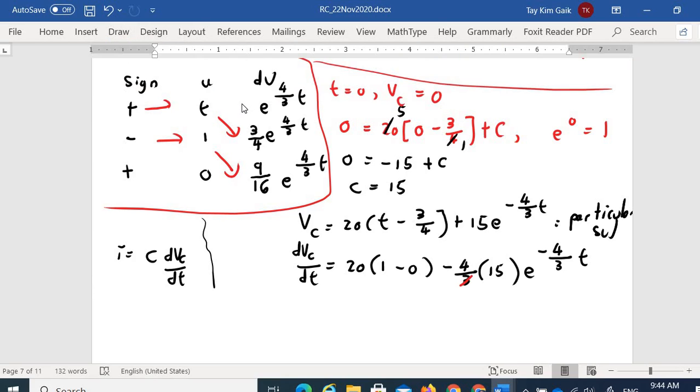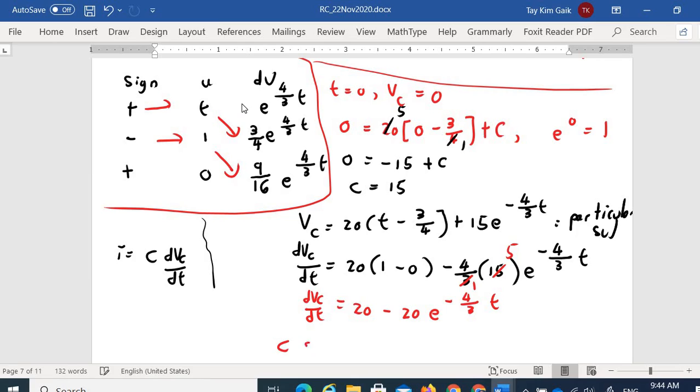This is 5, so you get 20 minus 20 exponent negative 4 over 3t. This is dVC dt.